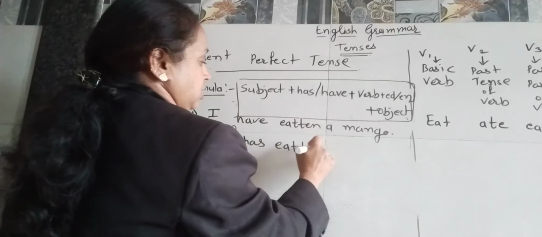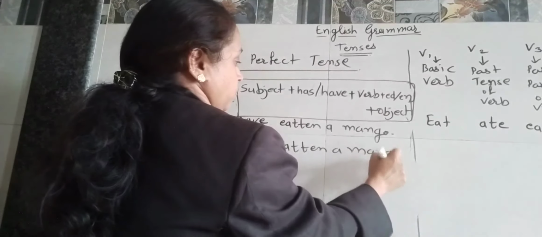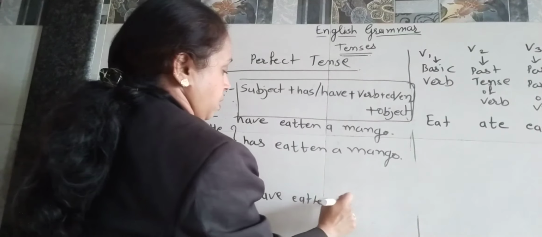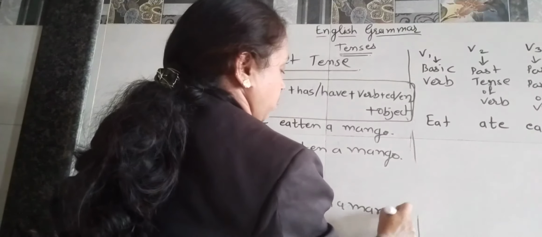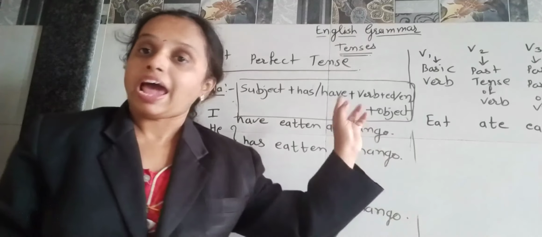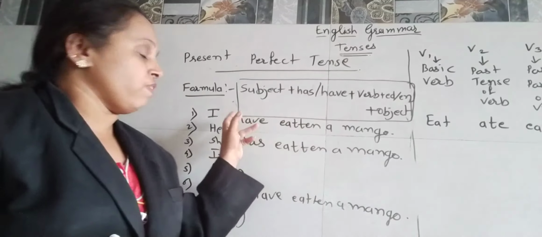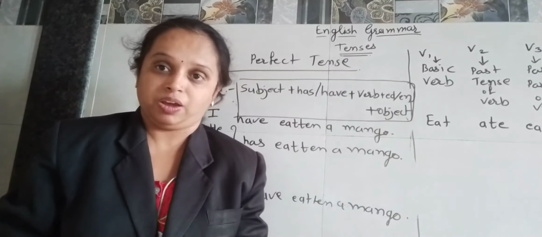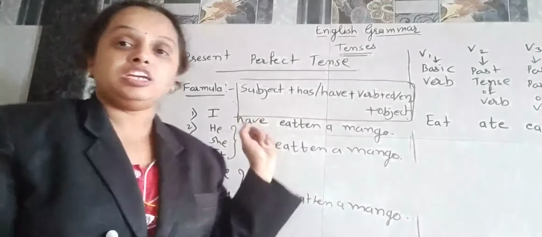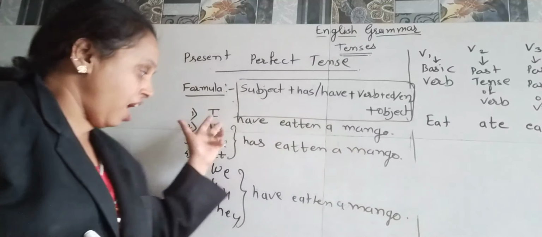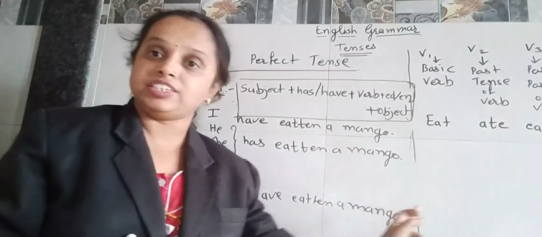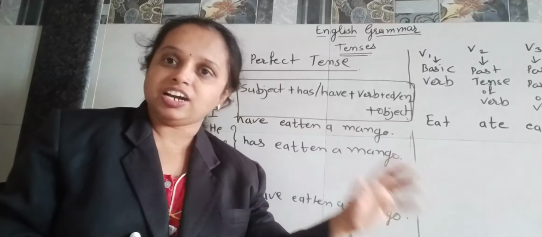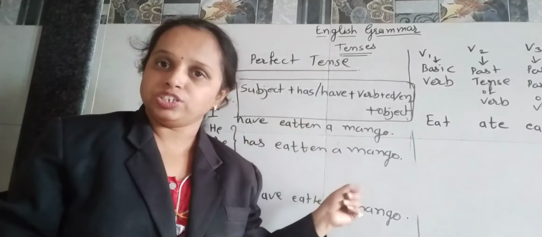For the singular we use has, but for I we always use have. We never say I has eaten a mango. We always say he, she, it has eaten a mango, but I, we, you, they have eaten a mango. Writing a letter is also the homework. I hope you have understood this.